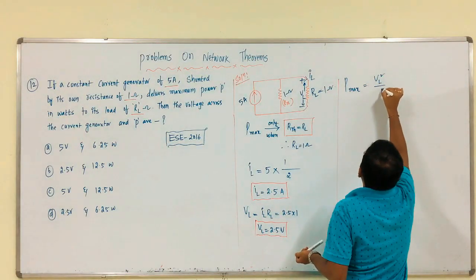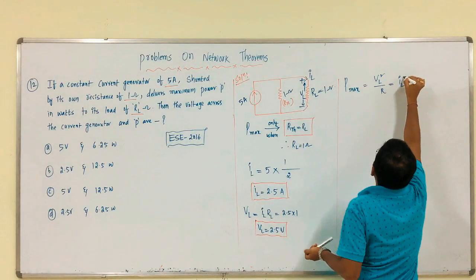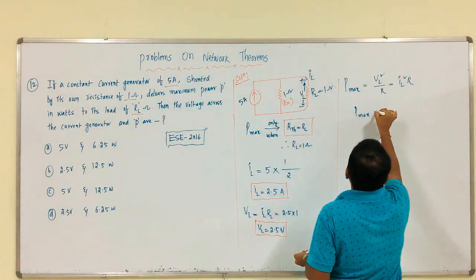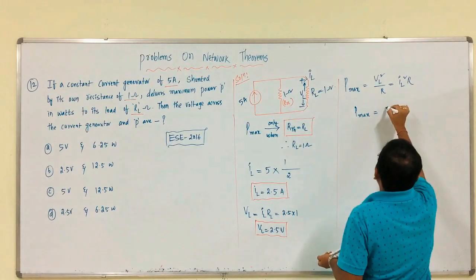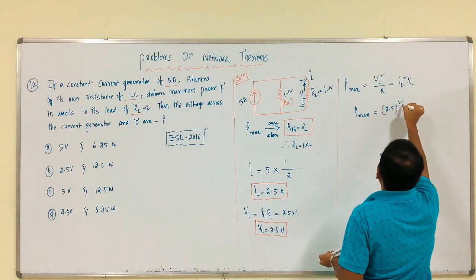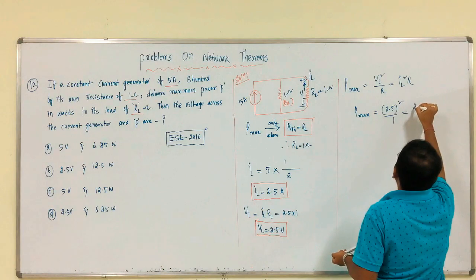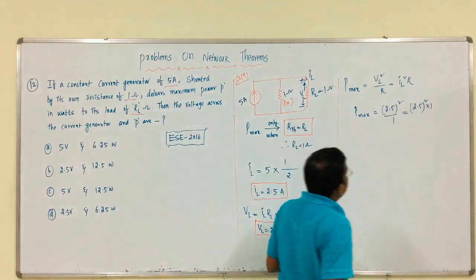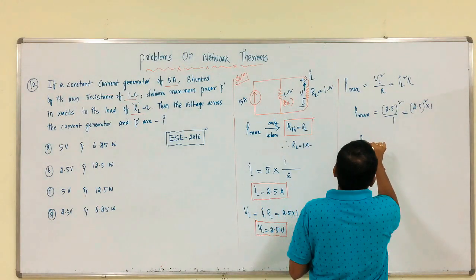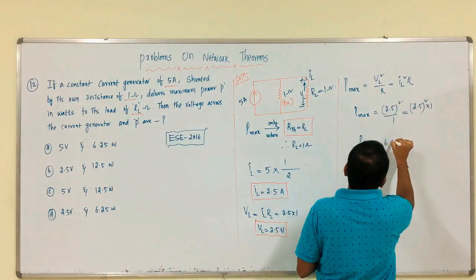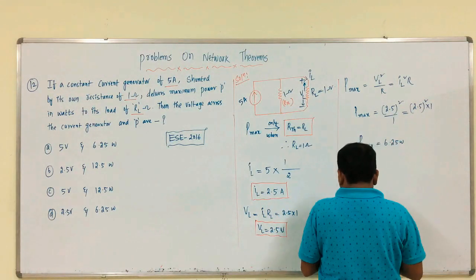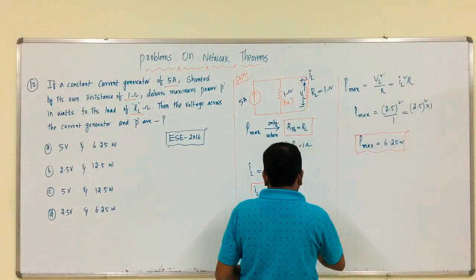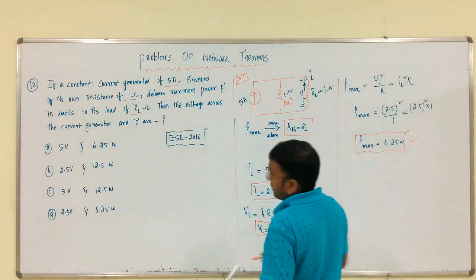VL square by R, which is equal to IL square into R. Therefore, P max, IL is 2.5, 2.5 squared into 1, so we get the same answer. Therefore, P max is nothing but 6.25 watts. So we have VL 2.5, P max 6.25.